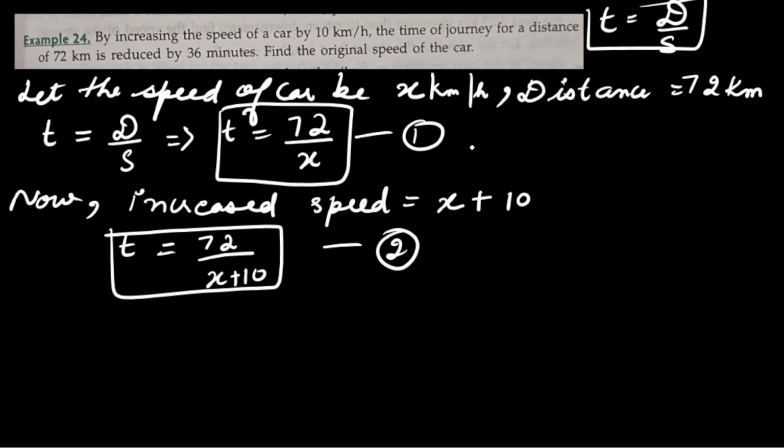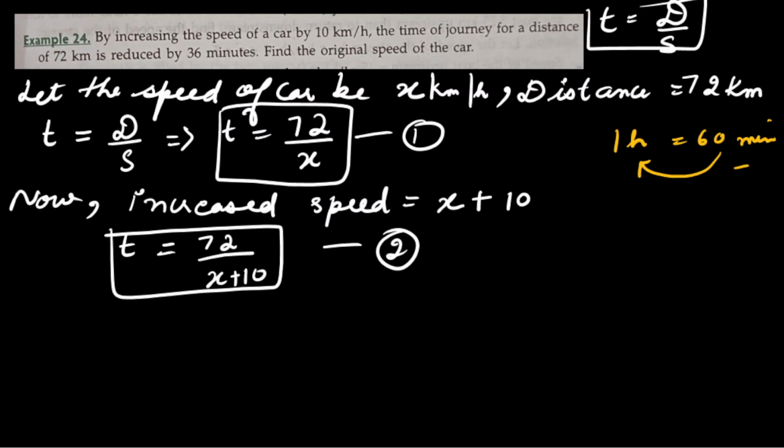Now when a person is traveling at this speed, it will take 36 minutes less. First of all, we have to convert these minutes into hours, because we are using kilometer per hour, as given to us. We know 1 hour is equal to 60 minutes. So from minutes to hours we have to convert.